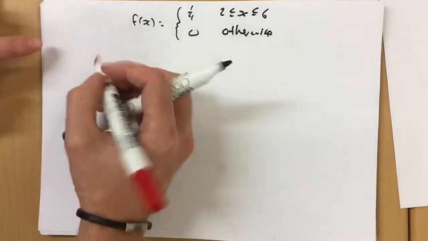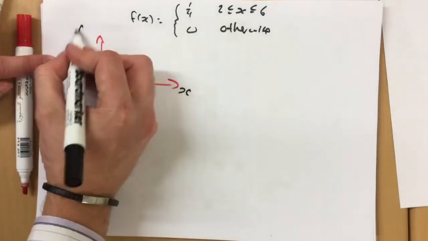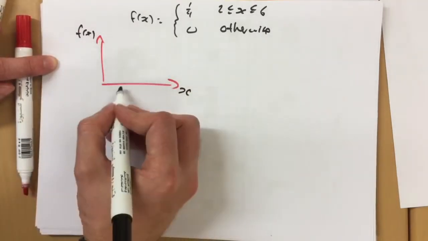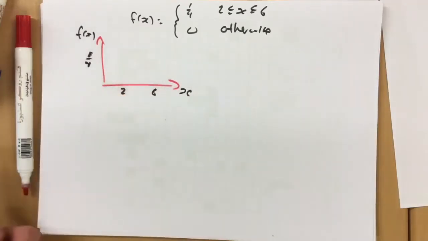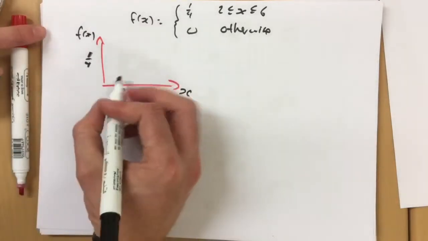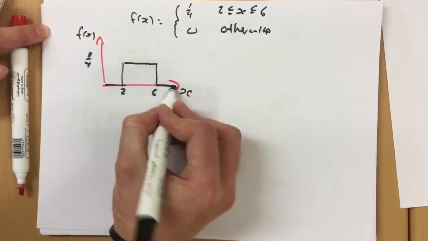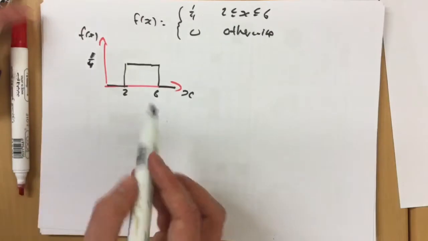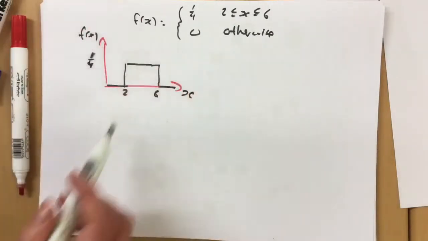So we're going to sketch a quick graph. Beautiful, look at this piece of art. Between 2 and 6, it takes a value of a quarter, so it's going to look like that, and it's uniform, and down again across.